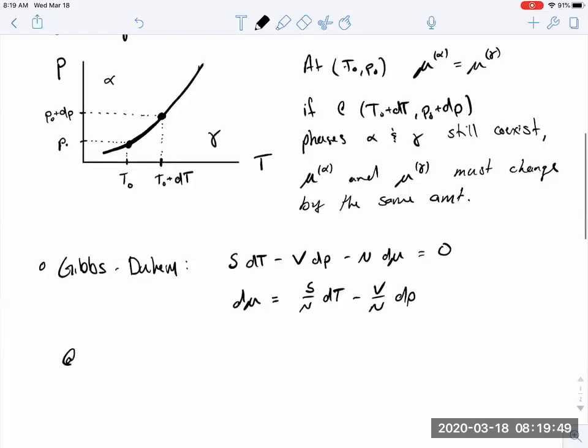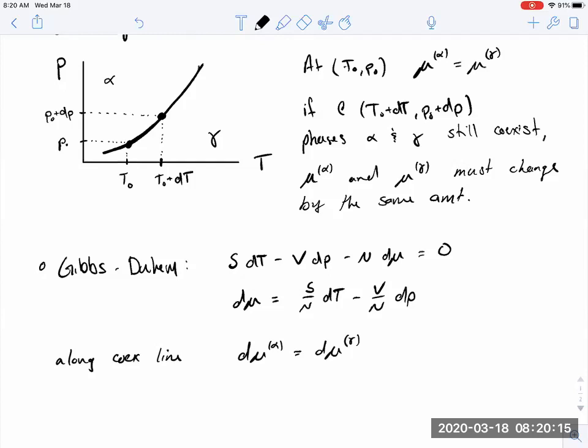At coexistence, or more specifically, along the coexistence line, we just deduced that the changes in the chemical potential of alpha must be equal to the changes of the chemical potential for gamma.